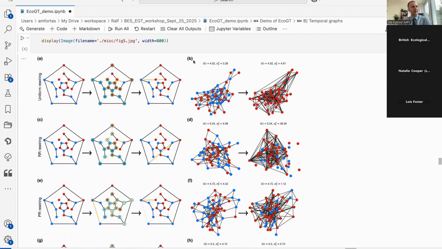But on the right side, you're looking at random graphs that started from an Erdős-Rényi graph, which was created by the Erdős-Rényi method that I described, where you have a probability of creating edges between two random nodes, and then the rewiring algorithm is applied to the graph while the competition is happening.